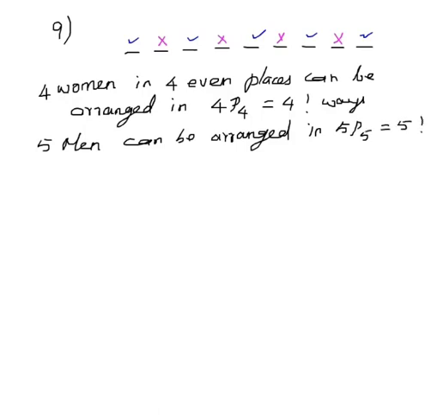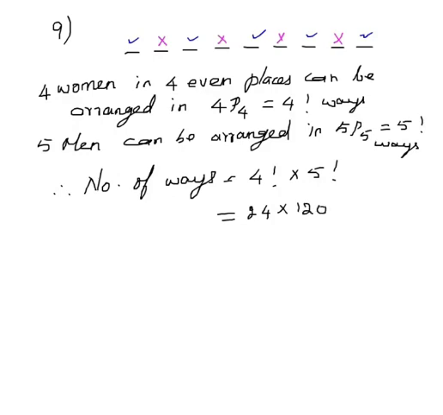So 5P5 is 5 factorial ways. We have to arrange the 4 women and 5 men. Therefore, total number of ways is equal to 4 factorial times 5 factorial, because it is AND. 4 factorial is 24, 5 factorial is 120. The answer is 2880.